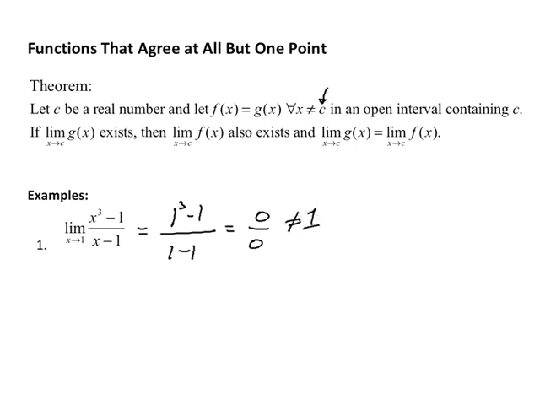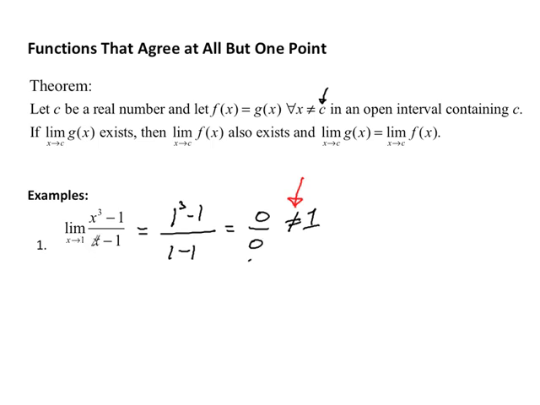That would be a huge no-no. 0 over 0 is an indeterminate form, and we'll talk a great deal more about indeterminate forms. But right now, what you need to know is when you have a 0 in the denominator, you know there's an issue. And the 0 in the numerator does not make it equal to 1. Any number divided by itself is equal to 1 except 0.